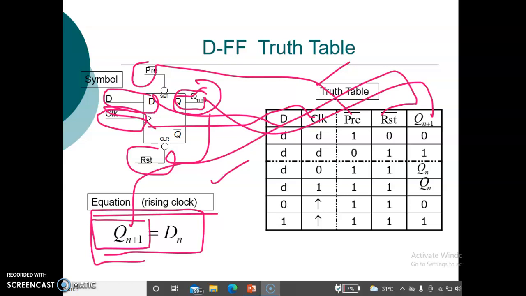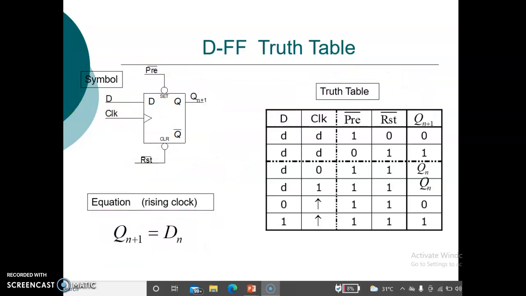Then here in this D flip-flop, what D is available? Clock also, D. Reset also 1. Then reset 0, then Qn plus 1 is 0.